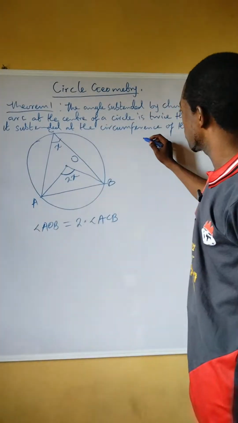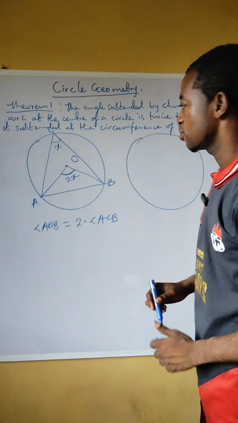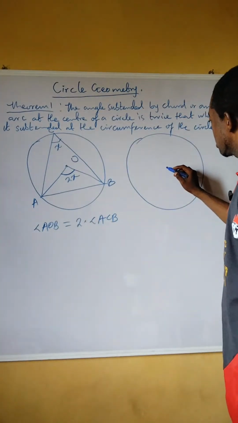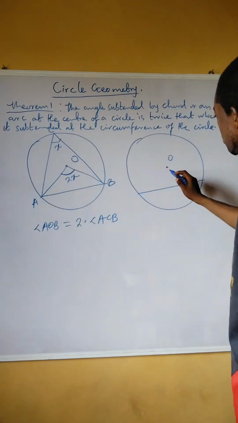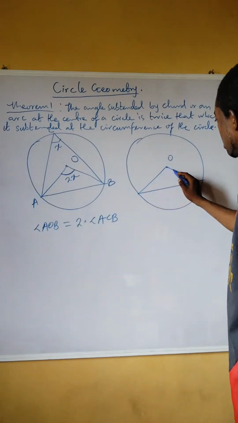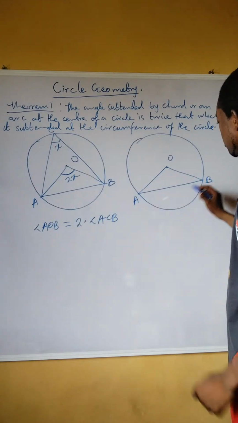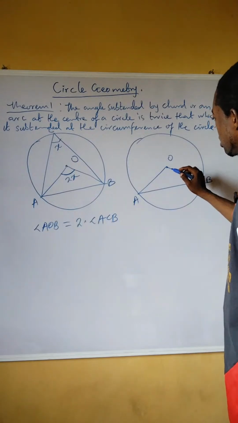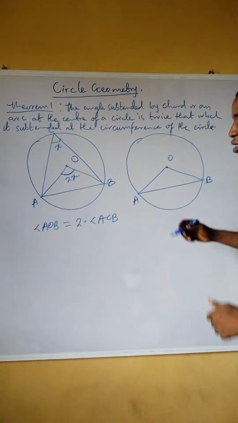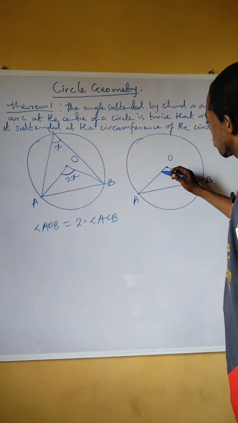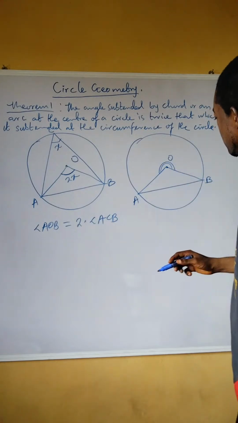Then let's look at the opposite of this. It's also true. That is, if this is the center of the circle and we have a chord AB, this chord subtends an angle at the center. In this case, we want to consider this reflex angle, not the obtuse one. We consider this reflex angle as the angle at the center.